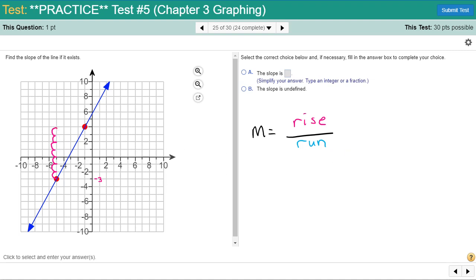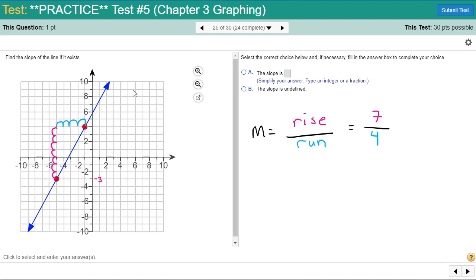So we went up 7 units. That was our rise. So let's pop that in. Rise over, and how many units are we going to run? Well, when we go up 7 units, we're right here. And to run, we would go 1, 2, 3, 4 units. So the rise over run, the slope of this line is 7 over 4.